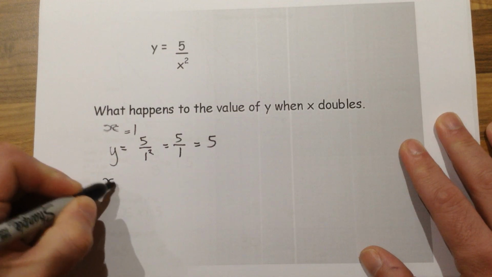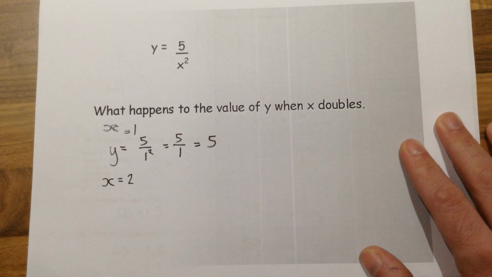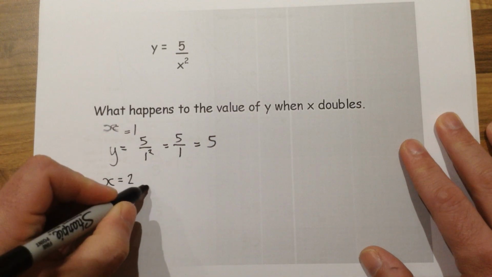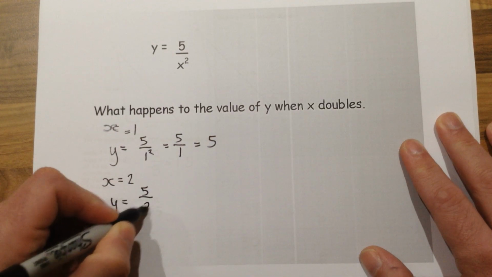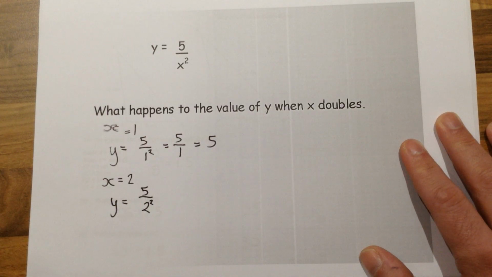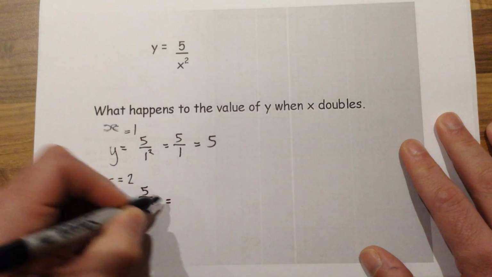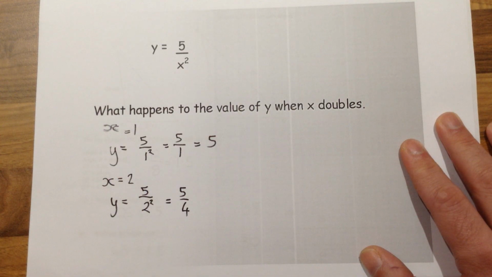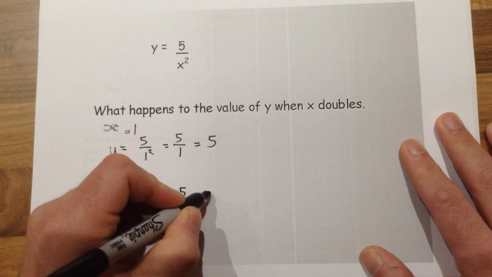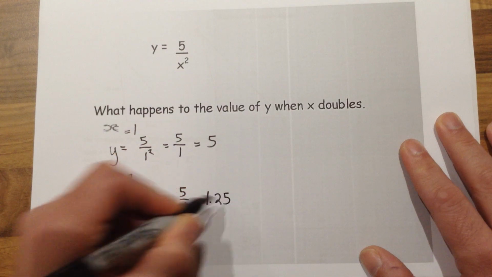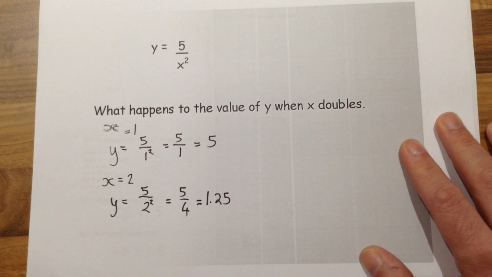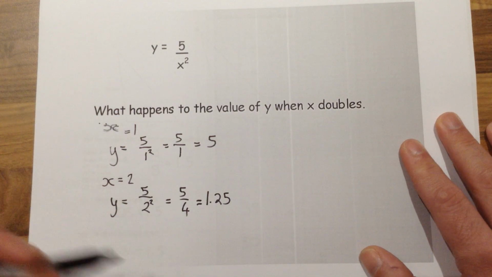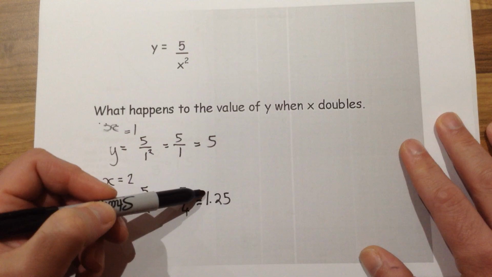So if we now do x equals 2, the exact same idea, but substitute 2 in instead of the 1. So we get 5 over 2 squared. This is the same as 5 over 4. And again, pop it in your calculator if need be. This gives us 1.25.